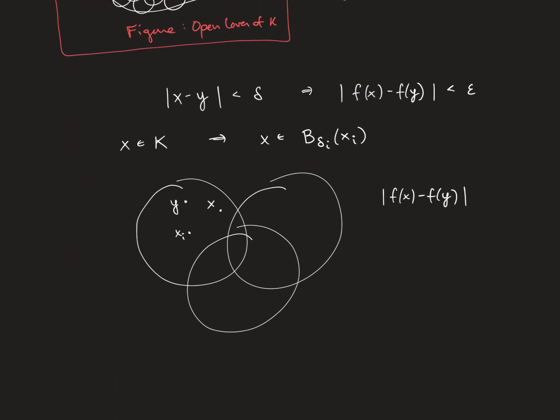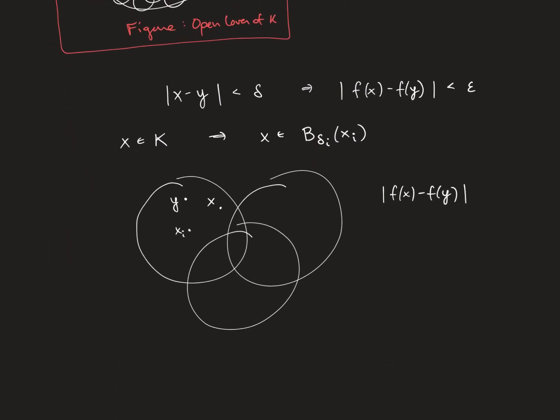So in other words, they're close together. Any point in this ball, its image is close to f of x sub i. So the image of y is close to f of x sub i, the image of x is close to f of x sub i, and so their images must be close, by the triangle inequality. So this is less than or equal to the absolute value of f of x minus f of x sub i plus f of x sub i minus f of y, and we can make this less than epsilon as long as each of these are less than epsilon over 2.